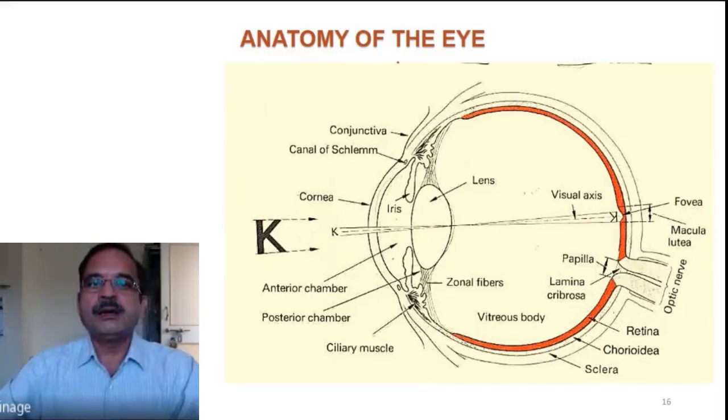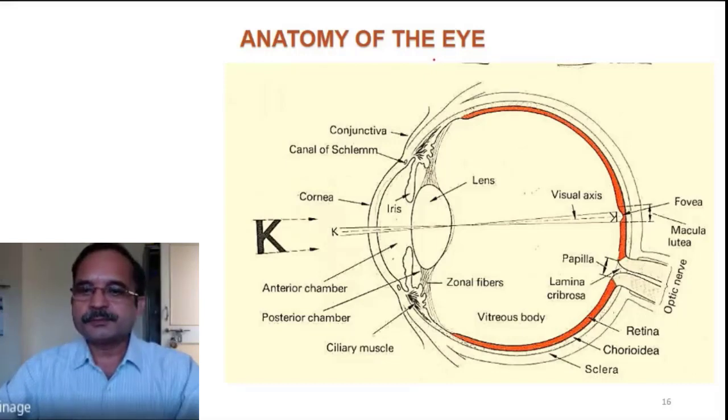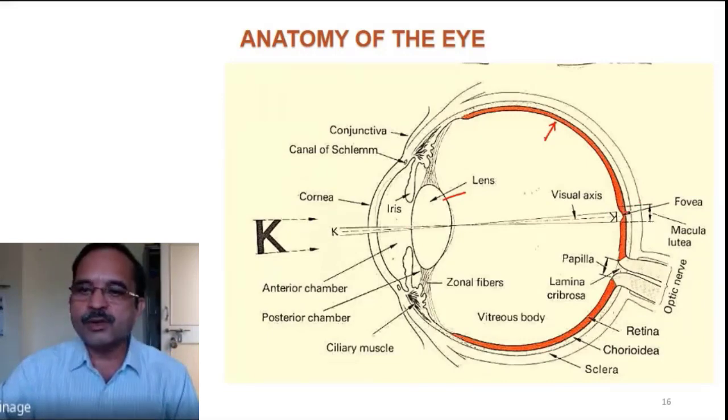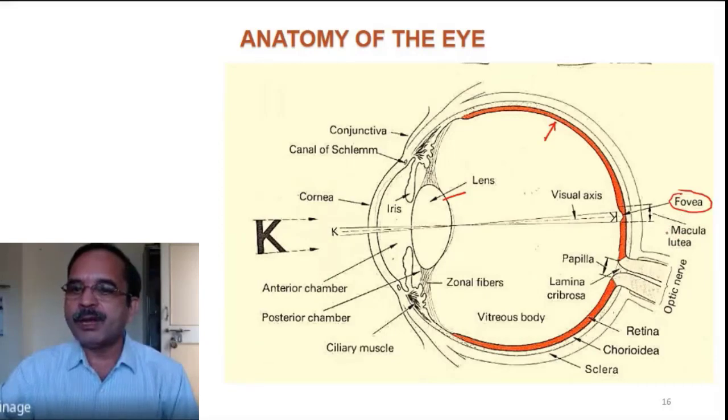So this is the anatomy of our eyes. Okay, so you must be knowing some basics about this. This is the retina, what you see in the pink color, where the image is formed. There is a lens here. This letter K appears on the retina. Now there are two important parts as far as sensing of images is concerned. There is one part here called the fovea and macula lutea.